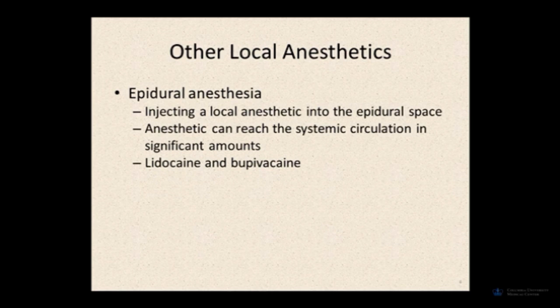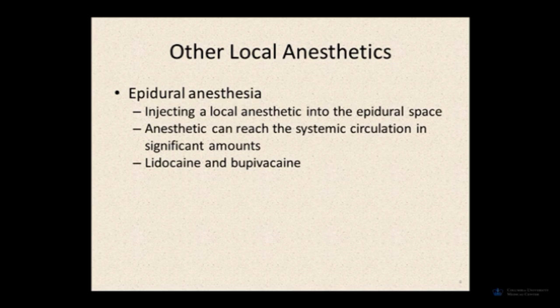So local anesthesia really has to do with numbing an area so that you can perform what would be a painful procedure without the numbing. And it can be a small area of the body or it can be a larger area of the body. It really depends on where you're applying the anesthetic.